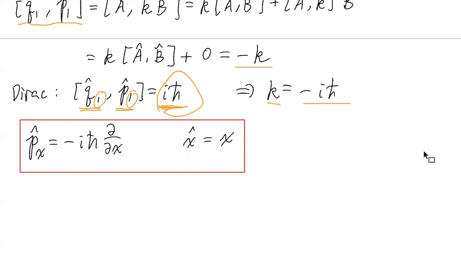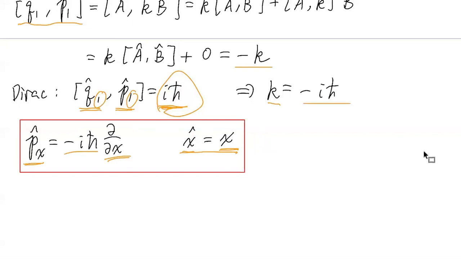We consider position x and its conjugate momentum Px. The operator for x is simply the function itself, x. The operator for Px is -iħ d/dx. Okay?